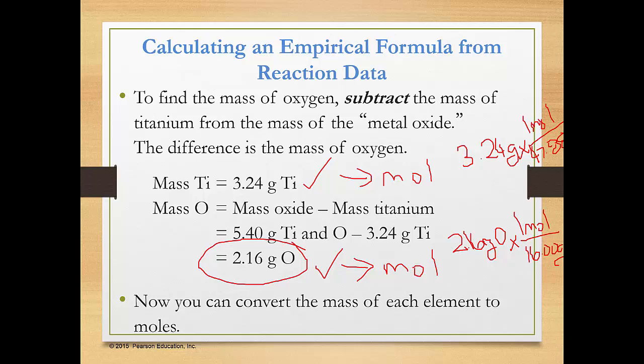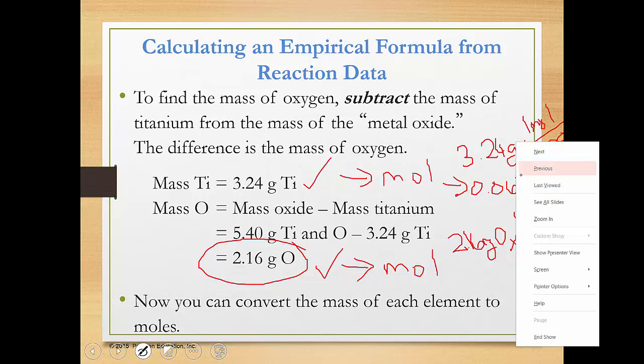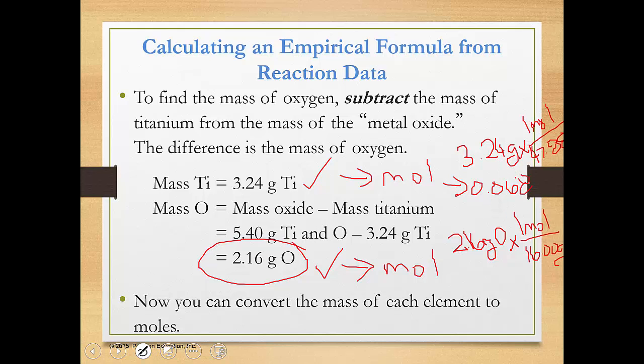All right, so we pull out our trusty calculator. 3.24 grams of titanium divided by 47.88. So we find that for the titanium, we have 0.068 moles.